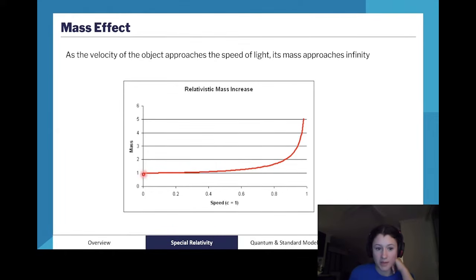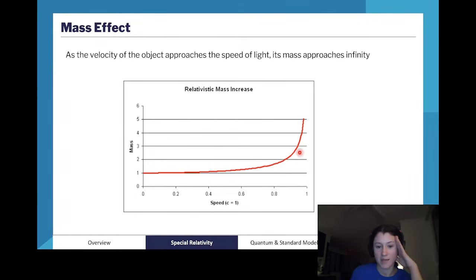As you can see here, its mass is fairly stable when it's traveling at lower speeds over here. But as we get to around maybe 0.5 the speed of light, you can see that the mass is increasing exponentially.